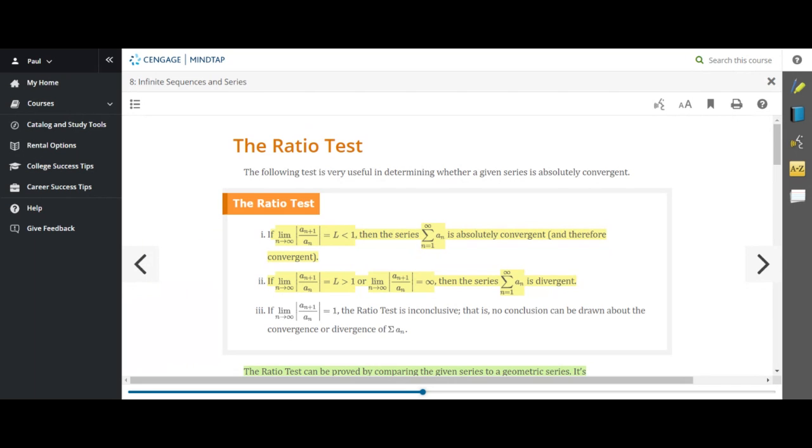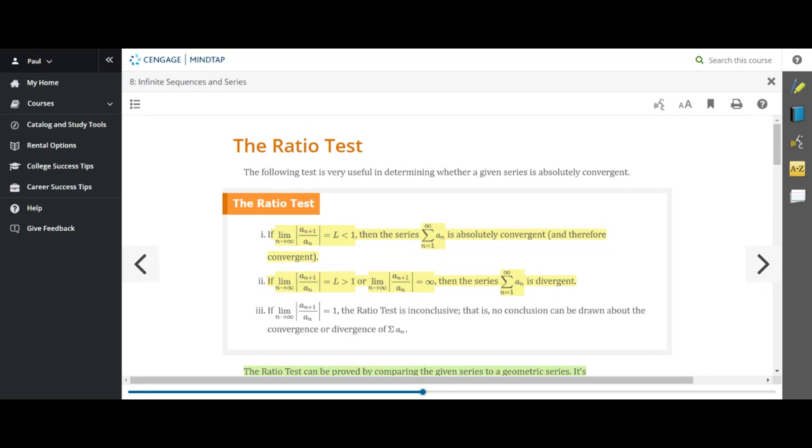But because you don't have a geometric series to start with, there's not a common ratio between the terms. However, if you take the limit of the ratio of the terms and you get a constant value L, then you can say that your series eventually behaves like a geometric series. And based on whether that limit L is less than 1 or greater than 1, you can establish if your series converges or diverges. That's the beauty behind the ratio test.